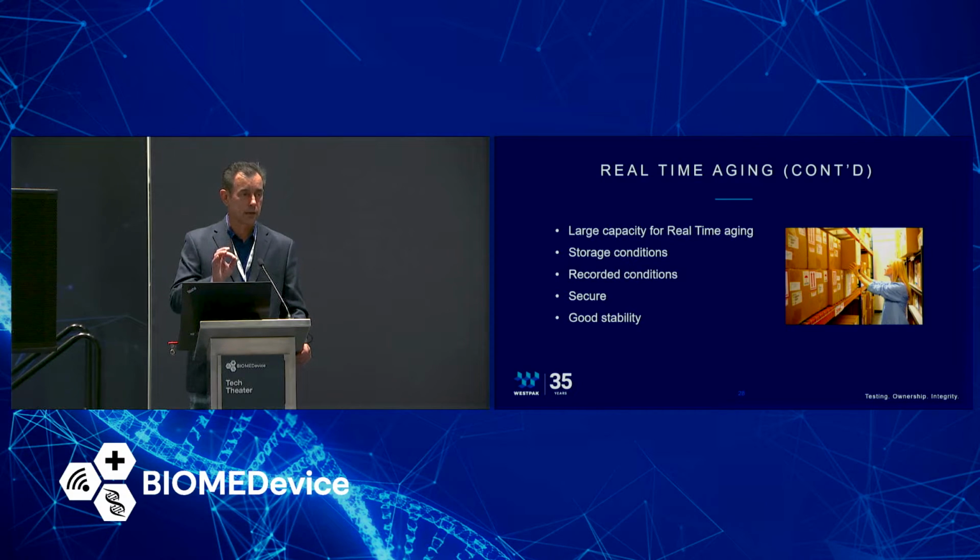There aren't any tolerances for real-time aging, so you will see some seasonal fluctuations sometimes, but that is recorded, and those are submitted as an appendix in the report that we provide. And it's secure, so we check the products in and we check the products out. And overall, the real-time aging room, if you will, has good stability. We have good records and good stability over time.